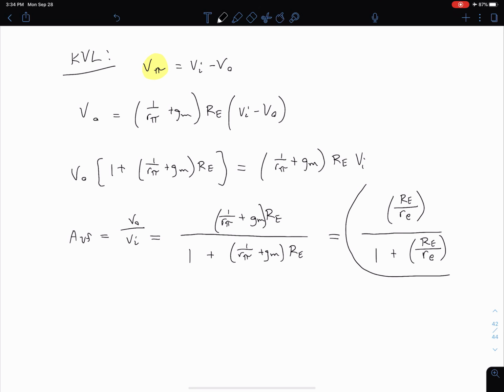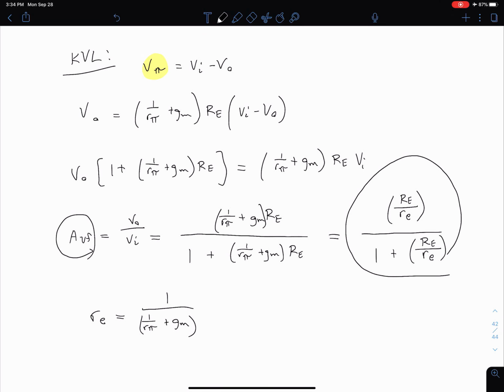Our r sub little e is defined as 1 divided by 1 over R pi plus GM. That seems like an awkward definition, but being able to define that in terms of a resistance can make things easier to describe or talk about.